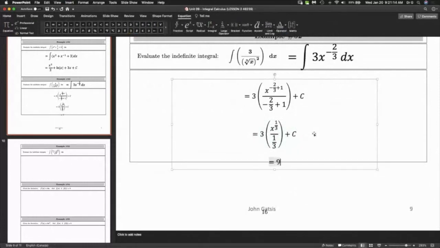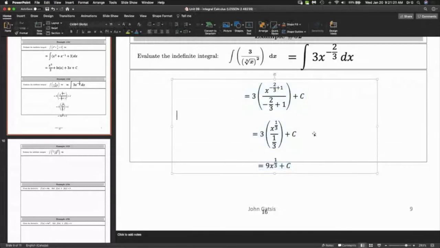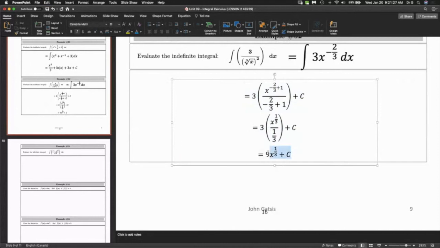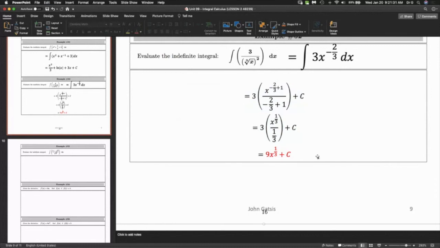And finally, we have 9x to the 1/3 plus c. And there you have it, my friends. Look at that. Another answer. I don't care if you write this as a cube root. Feel free to do so, but I'm not going to ask you too much about that.